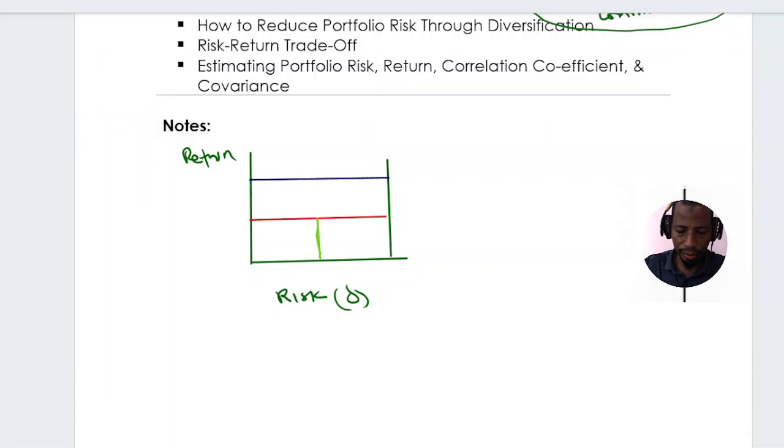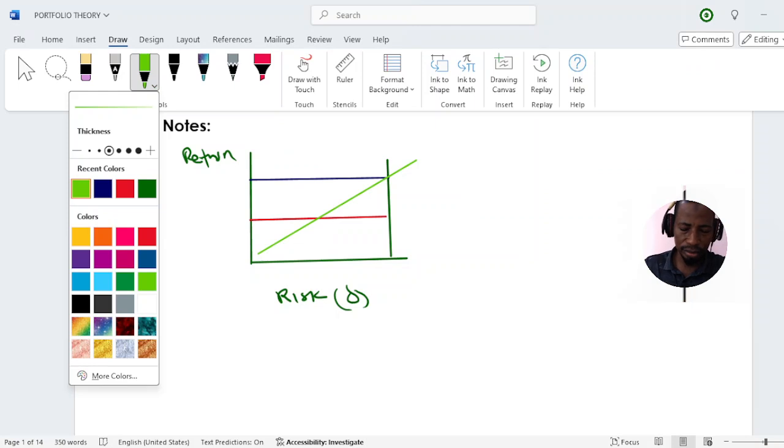Okay. All right. Then let's join the point of intersection of risk and return. So let's draw the line of the efficient frontier coming from the origin, passing through this and this. Maybe I need to change this color to something else so that it can look different.